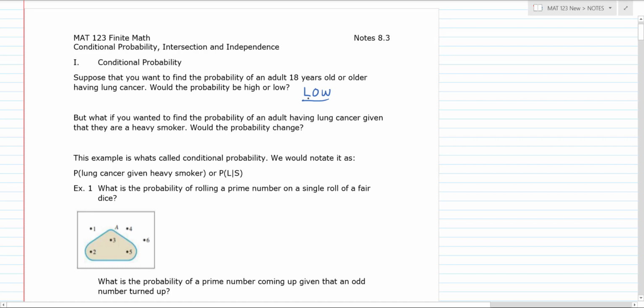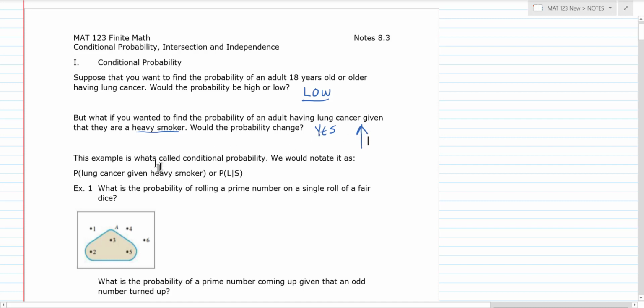The probability of anybody getting cancer is generally low at a young age and increases as you get older. But what if you wanted to find the probability of an adult having lung cancer, given that they're a heavy smoker, like they smoke 5 packs of cigarettes a day? Yeah, the probability would change and it would go up.